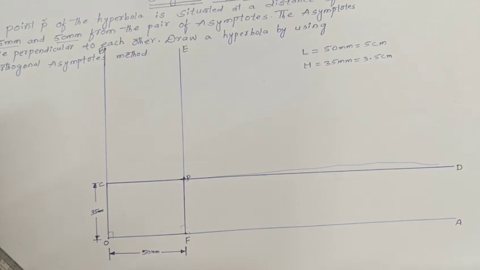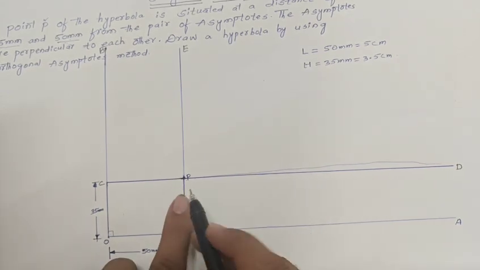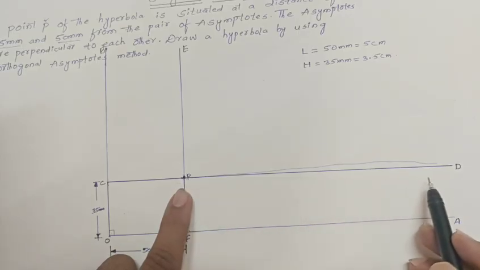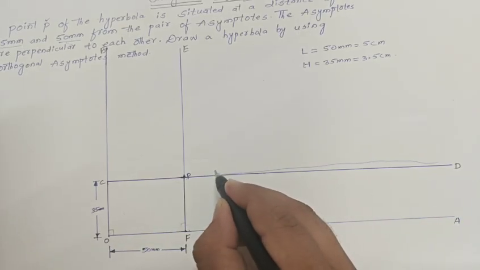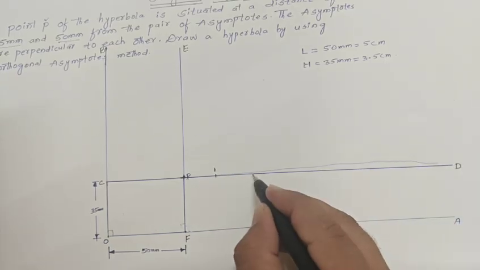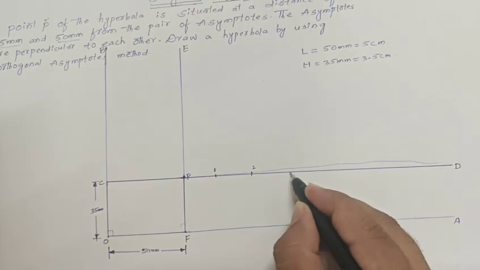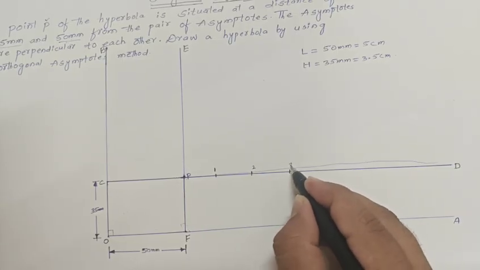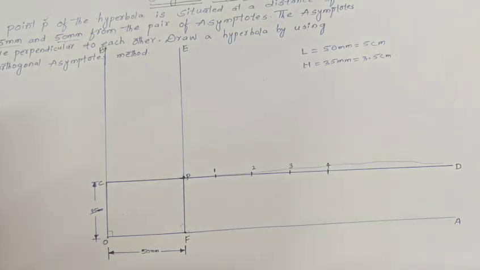Then after that, you need to mark random points on which line? On the line from P to D. Just mark the random points. I'm representing here 1 on the horizontal line. Again mark 2, again 3, again 4. Clear?